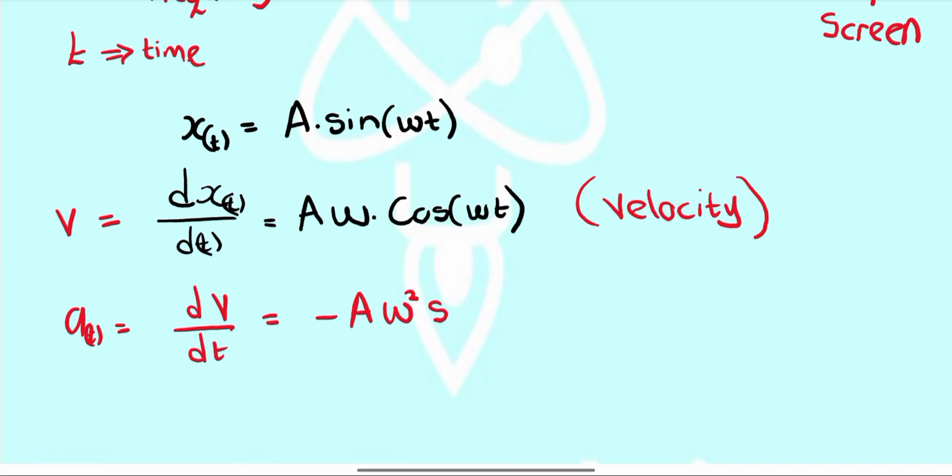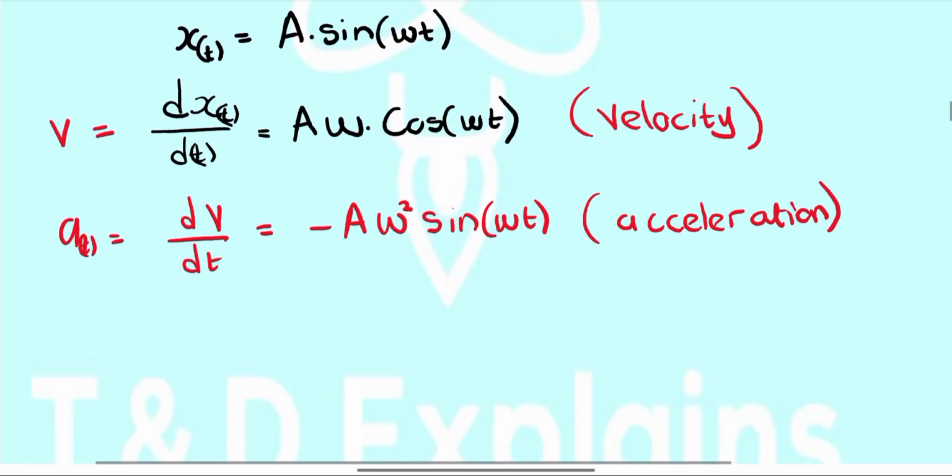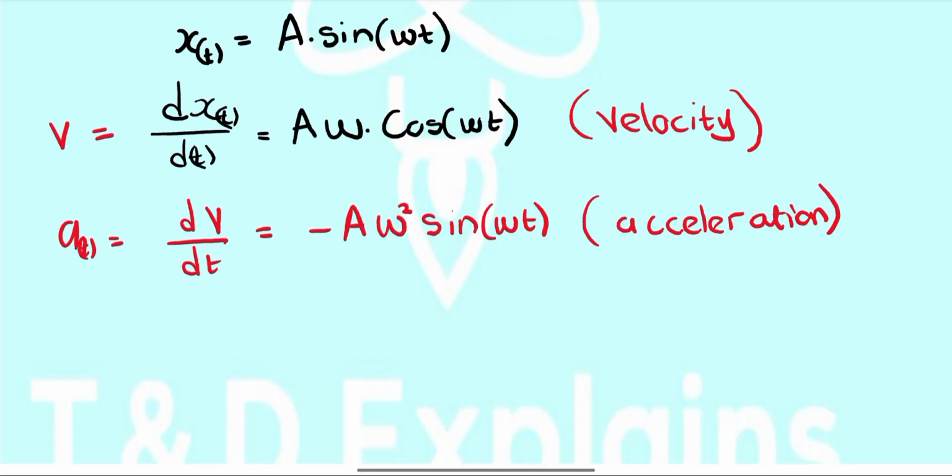So when we move ahead here, the derivative of cos is going to be negative sine. Okay, so this is giving us the acceleration of an object that is moving in simple harmonic motion. We can already observe and compare, right? You can see that amplitude is directly proportional to the acceleration again.